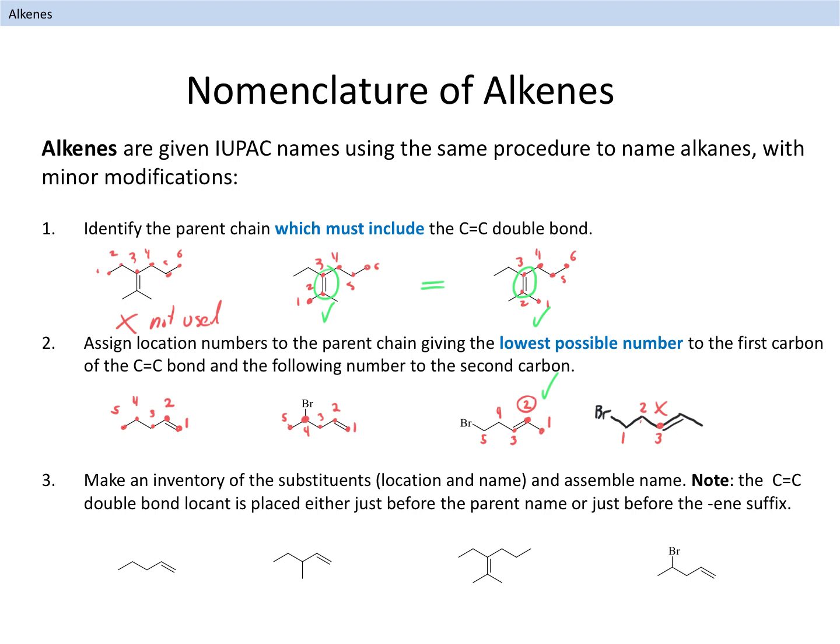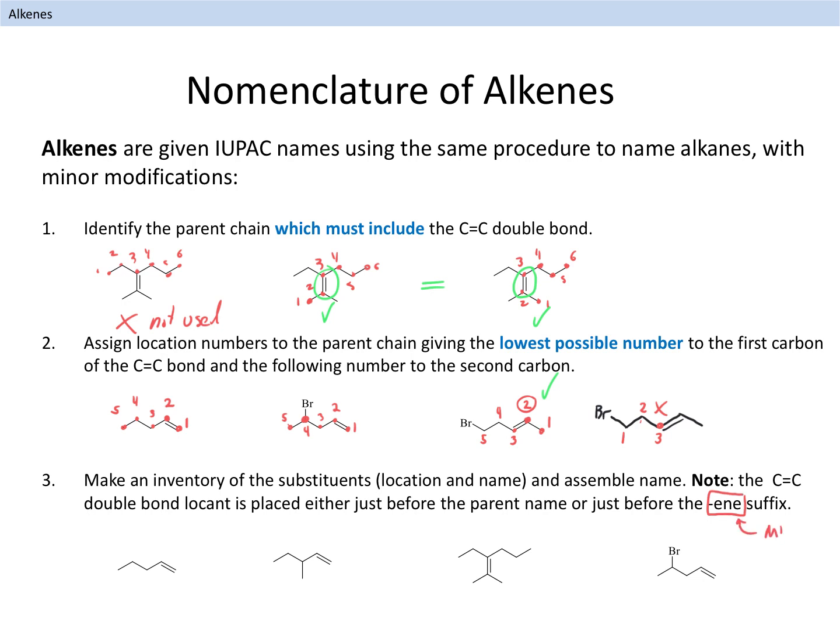The last step in our naming process is to list out our substituents and assemble the name. As before, we will list our substituents in the name we assign, in alphabetical order, not numerical. We will also include the multiple bond index as the suffix to the name. Recall that for alkenes we use the -ene suffix.